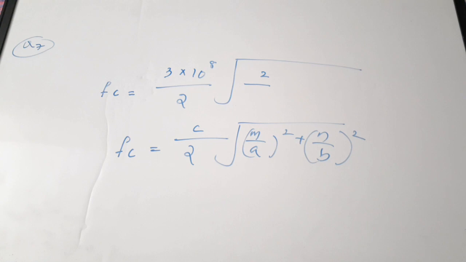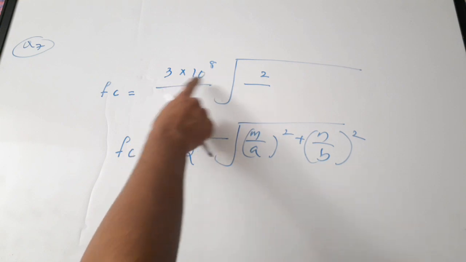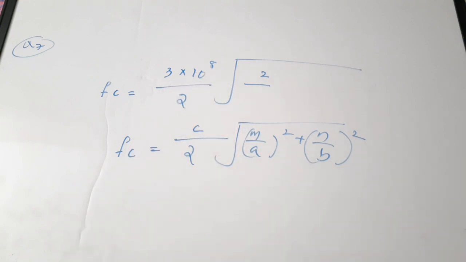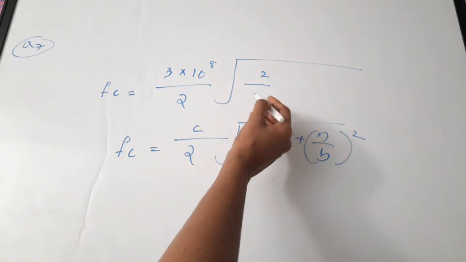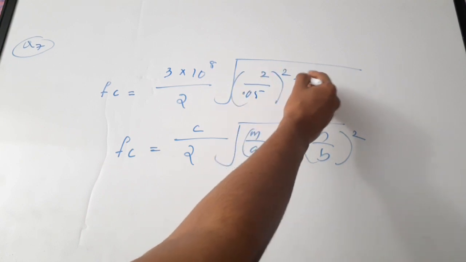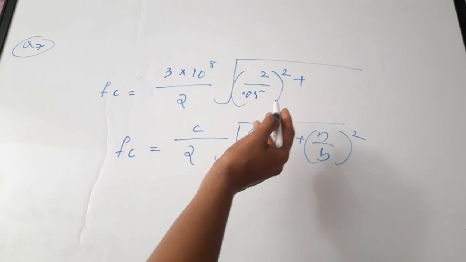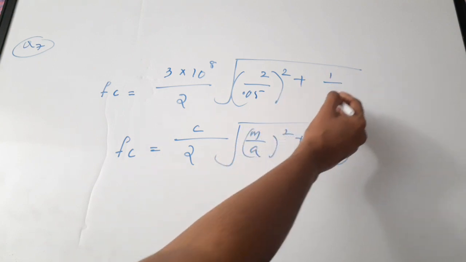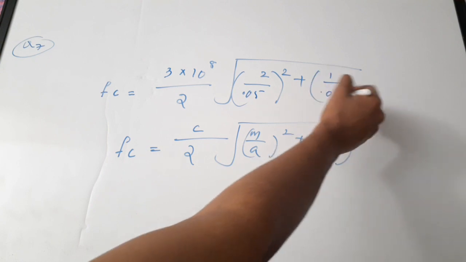You have to put the values for A, B, M and N. C is already substituted here. C is 3 into 10 raised to 8 meter per second by 2. Convert the centimeters to meters. So M by A, M is 2, A is 0.05. Then square plus N is 1, by B, which is 3 centimeter, 0.03 square.